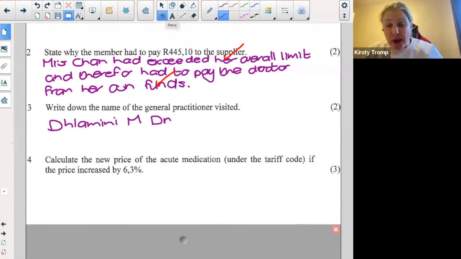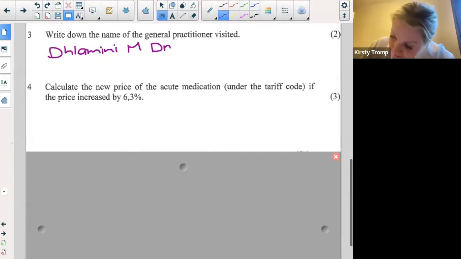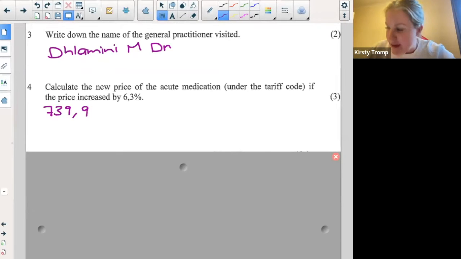What is the correct way to do it? The correct way to do it is as follows. We're going to take that amount, 736.90. If we want to show all our workings, then the first thing we're going to do is times this by 6,3%.